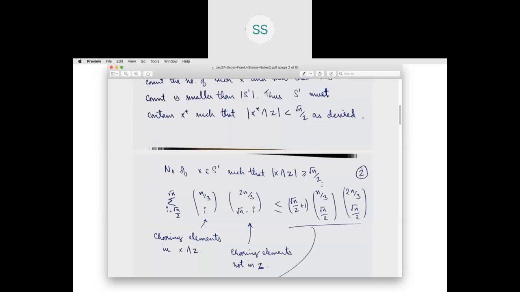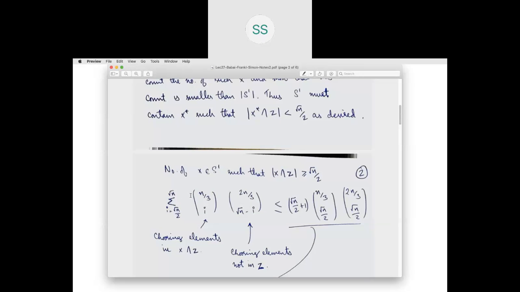We know that it must intersect in at least square root n by 2 elements. So let us call the intersection size I. Now we know that I is at least square root n by 2, but maybe more than that. I cannot be more than square root n because x itself is of size square root n. So I can be anything in between square root n by 2 and square root n.